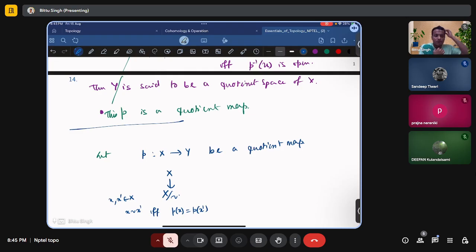So the relation is done in each fiber. So take the pre-image of a point and all the elements in the pre-image are related to each other. Okay. So the interesting thing is that this kind of quotient map always factors through this map.